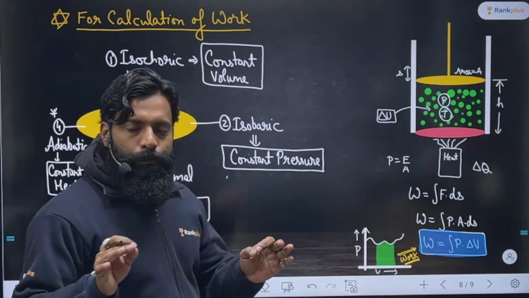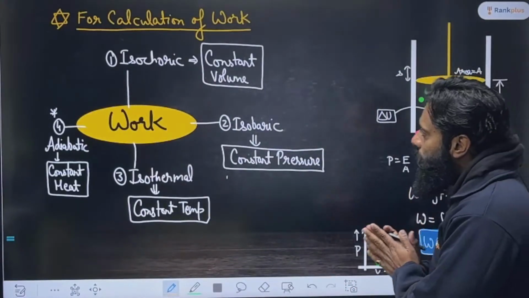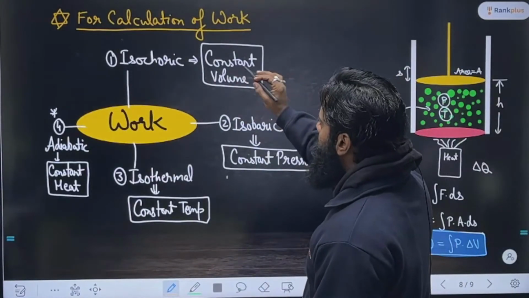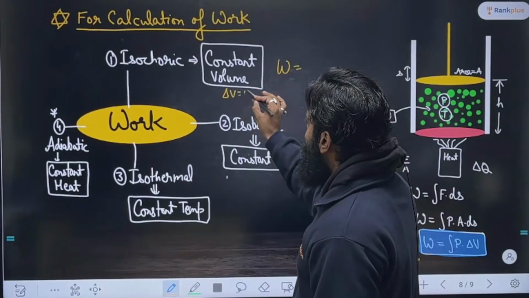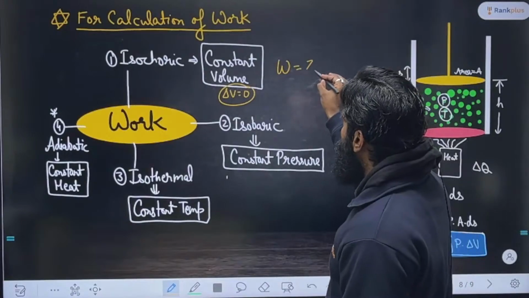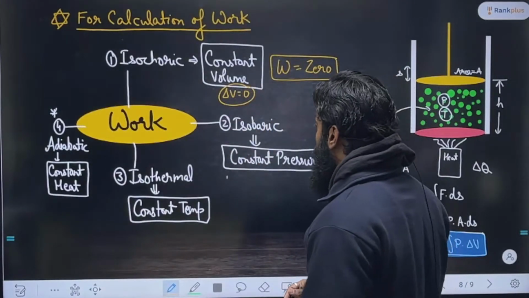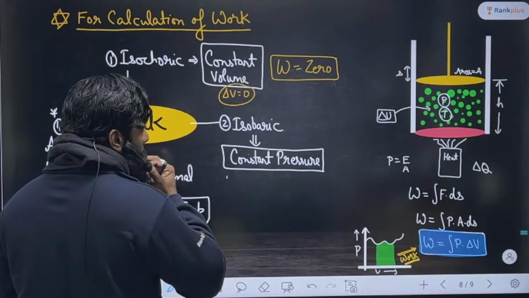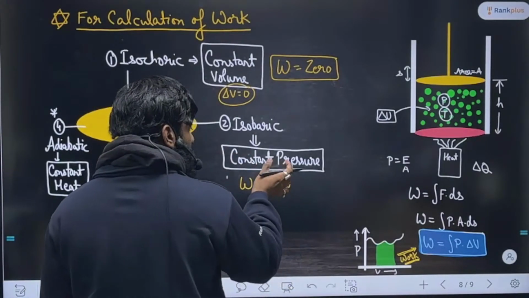Now, once we are done with this example, you can easily find out the work done. In an isochoric process, delta V is equal to 0, and if delta V is 0, work done is P delta V, which means work done is 0 because there is no change in the volume. In an isobaric system, work done is equal to P delta V because pressure is constant.